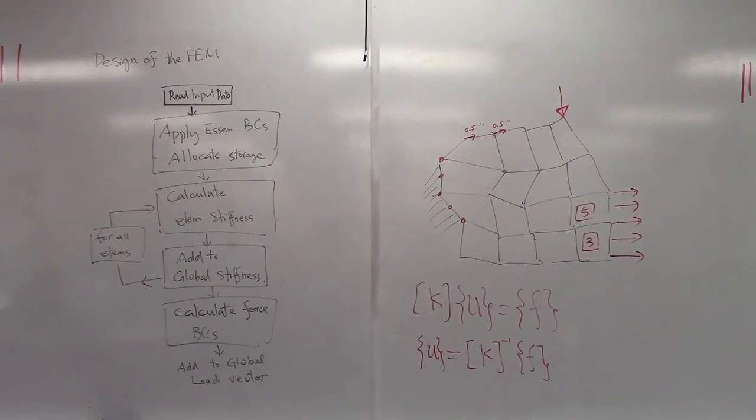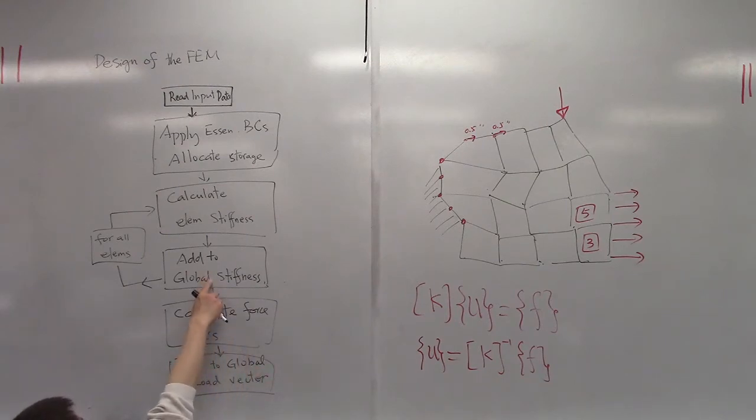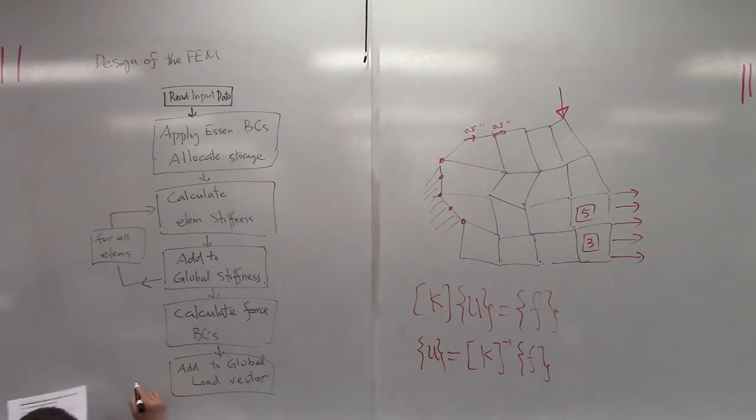And again, this is like the assembly. This is assembly of stiffness. This is assembly of the load vector. This is a looping process for all load boundary conditions. Right, loop through that.